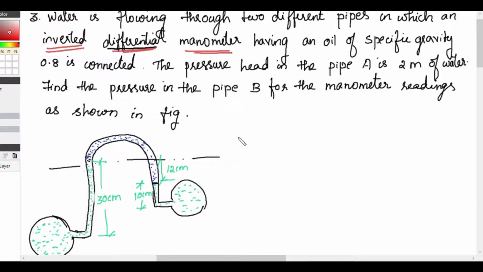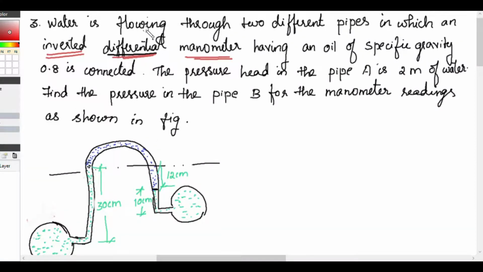So the given figure is, here you have 30 centimeter, this is 10 centimeter, the difference in the mercury level is 12 centimeter. So this is water, it contains oil.